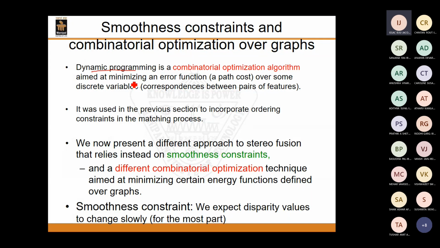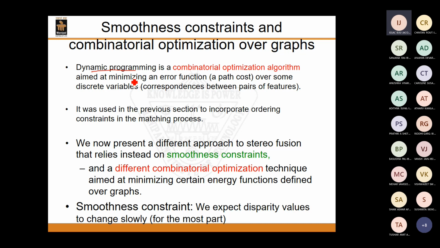Basically what we saw is that when you're trying to reconstruct particular points, there may be some objects in front of other objects, because of which not all 3D points may be visible in both the left image as well as the right image. So there may be some points in the left image which may not be visible in the right image and vice versa, and we call such conditions occlusions or disocclusion cases.